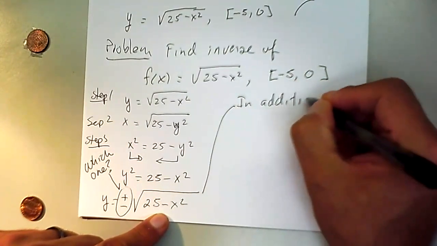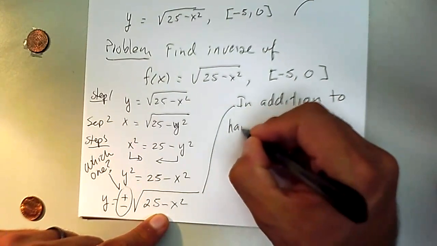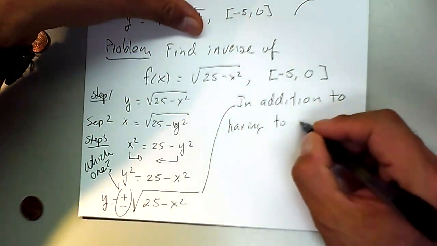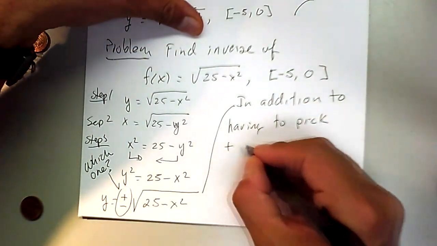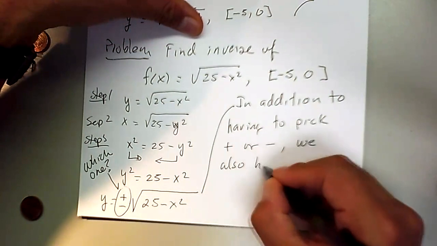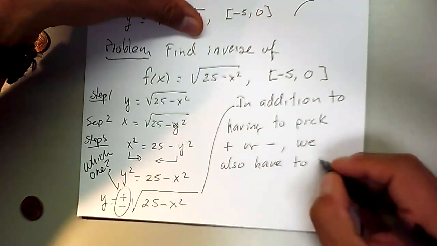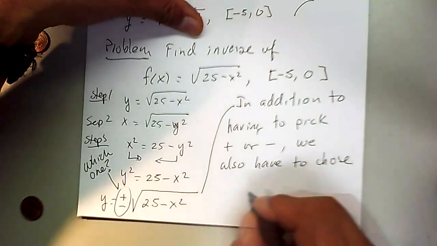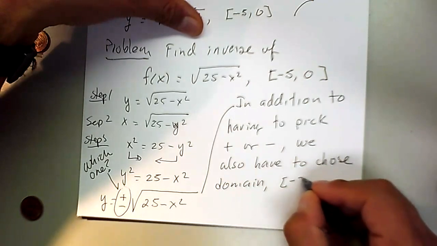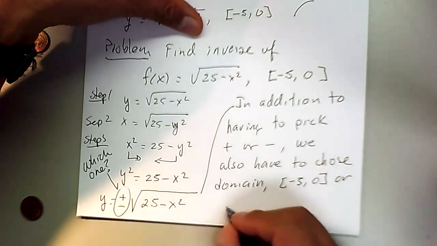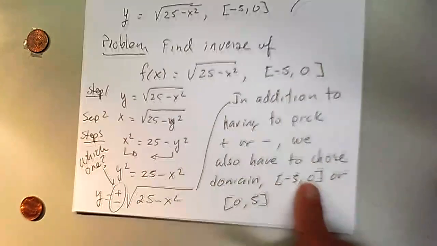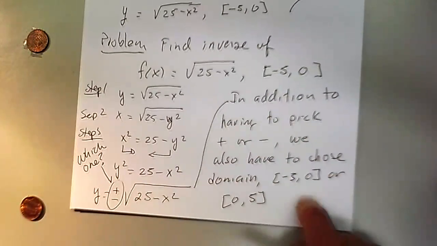In addition to having to pick or choose plus or minus, we also have to choose the domain: from -5 to 0 or from 0 to 5. And it's not obvious. Don't assume that because this is -5, 0, the domain is -5, 0. No, in fact, it is not the case.